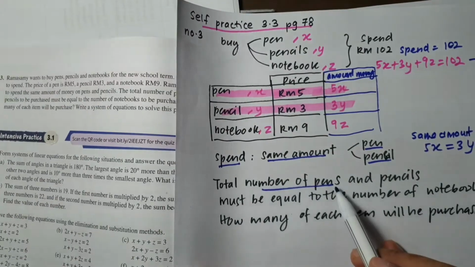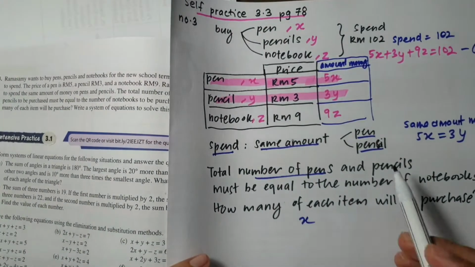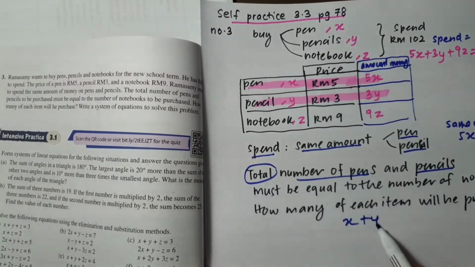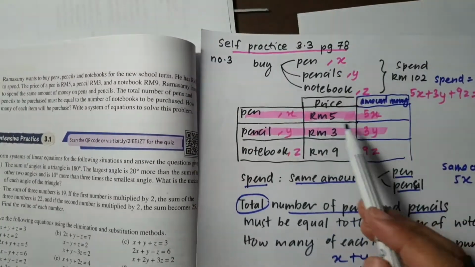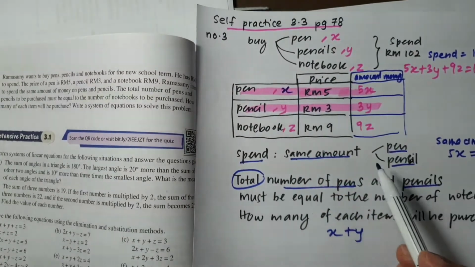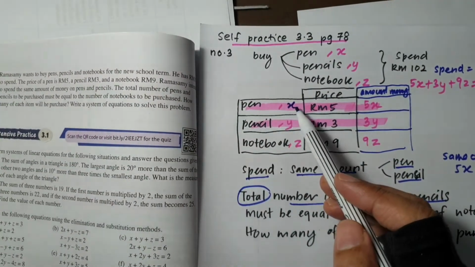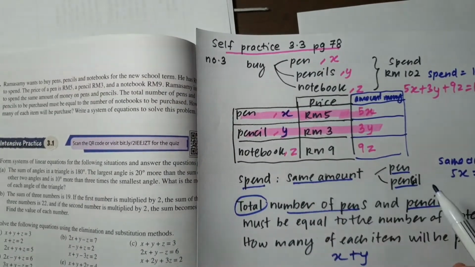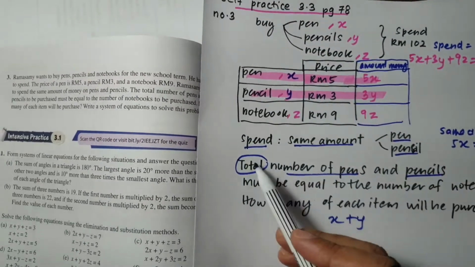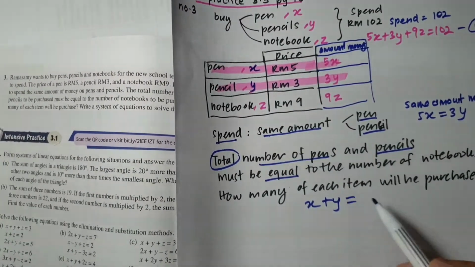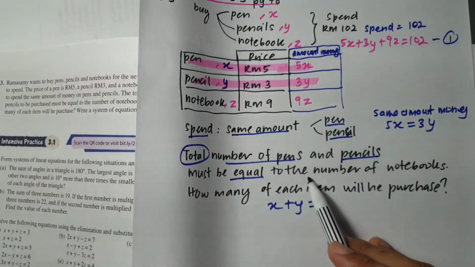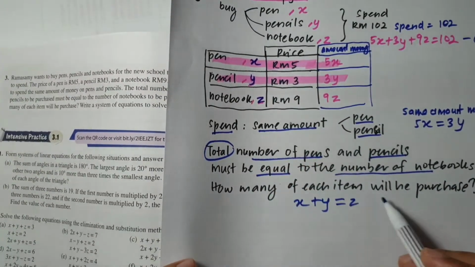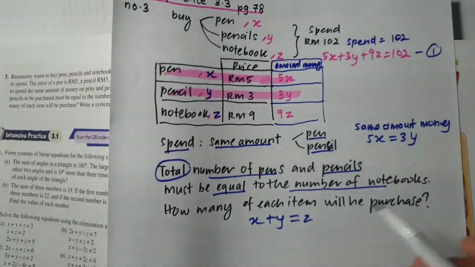The total number of pen is x, and pencil is y, so x plus y must be equal to the number of notebook. The number of notebook is z, so x plus y equals z. We get one more equation.